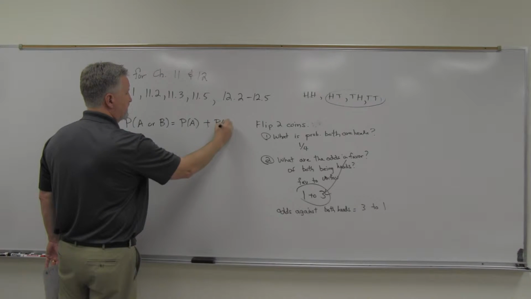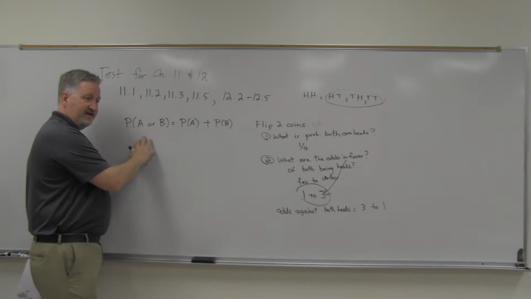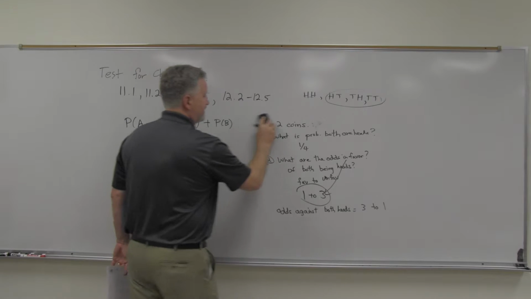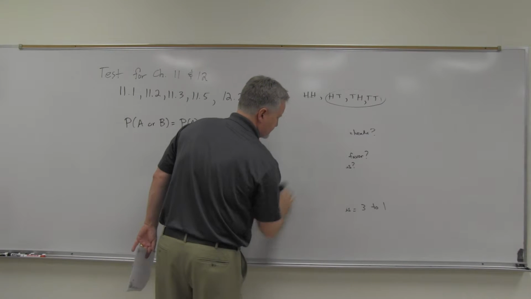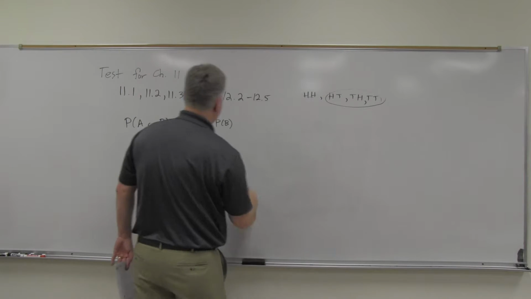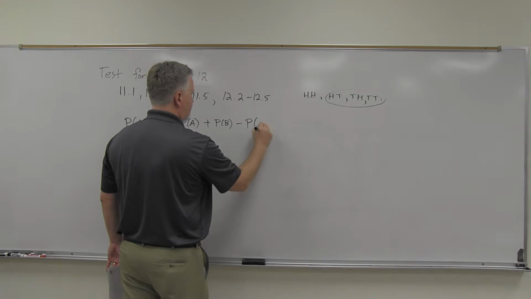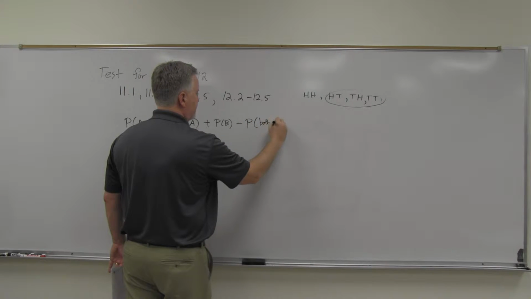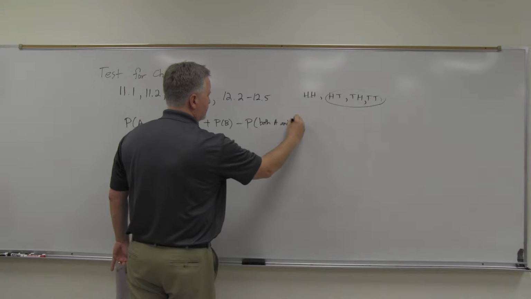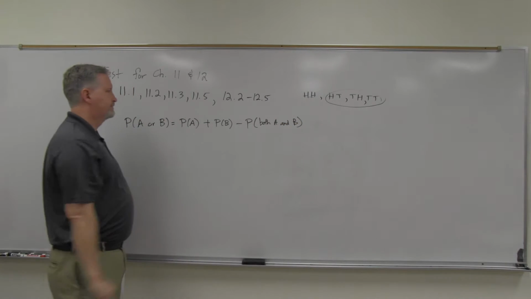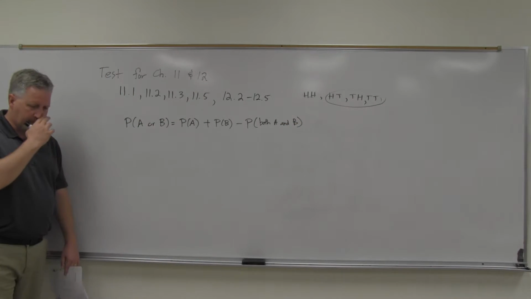So we add the probability of B with a slight catch. Remember, the rest of it was you got to subtract the probability that it's both A and B at the same time. So that's the formula for or.